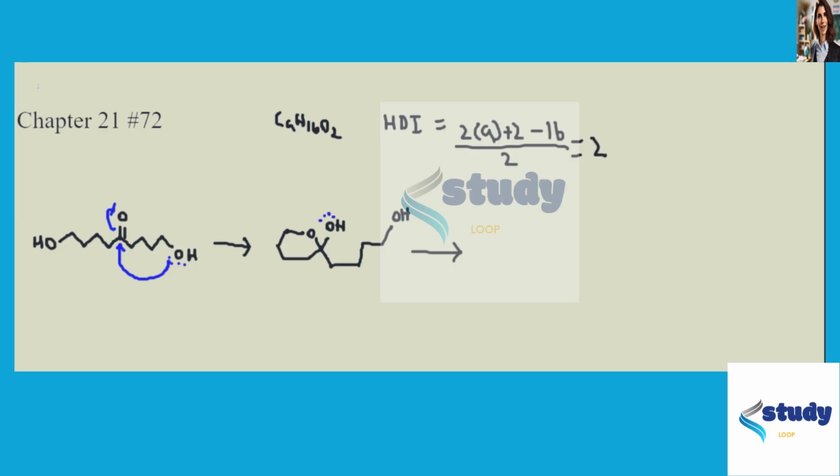There are lone pairs on this oxygen. This, as we said, is an acidic environment, and so there are protons. So that alcohol, the alcohol that's part of the hemiacetal, can grab a proton and become protonated and then leave.